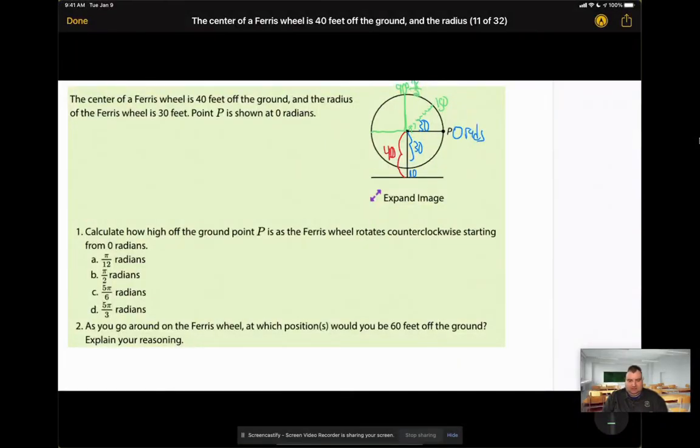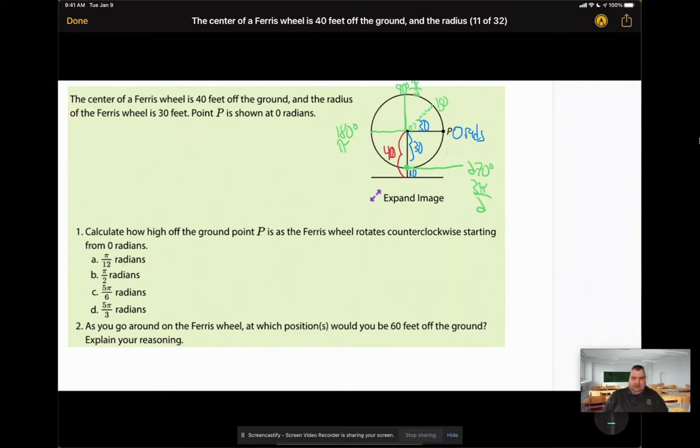Directly left of center is 180 degrees, or pi radians. And directly down from center would be 270 degrees, or 3 pi over 2 radians. Okay? So 15 degrees is going to be somewhere in this first quadrant right here.